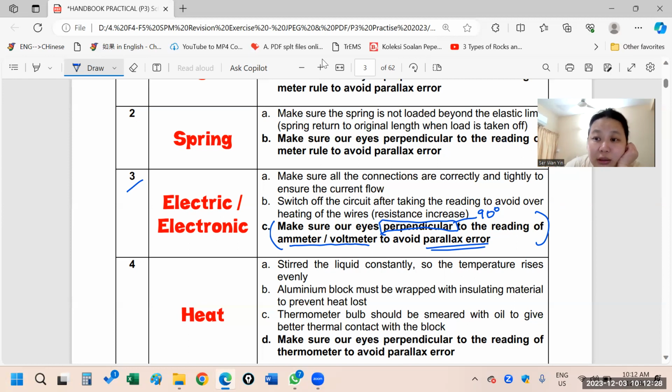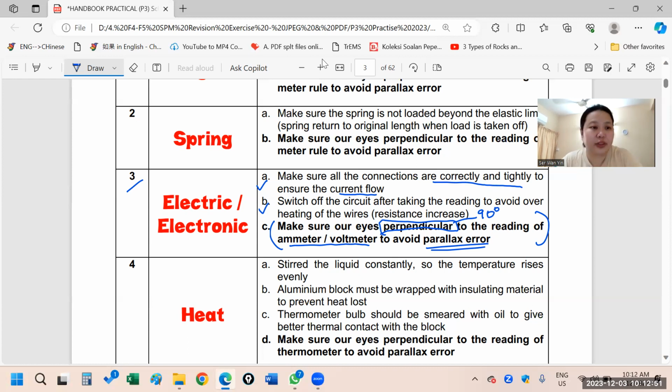Or if you can remember 2 more. One is make sure all the connections are correct and tight to ensure the current flows. Correctly and tightly means you clip on the metal pipe properly.